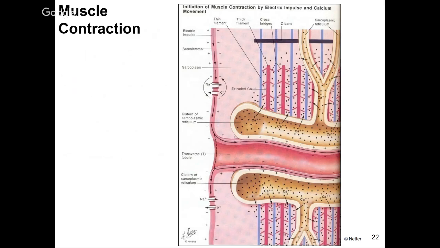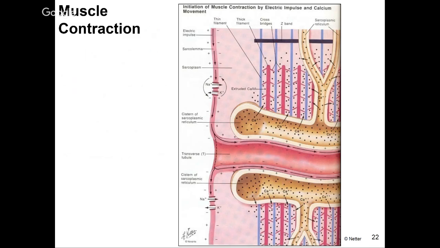But anyway, once it reaches there, it tells the sarcomere to release calcium, and you can see the calcium jumps in where the blue rope, the actin, is, and the myosin is.